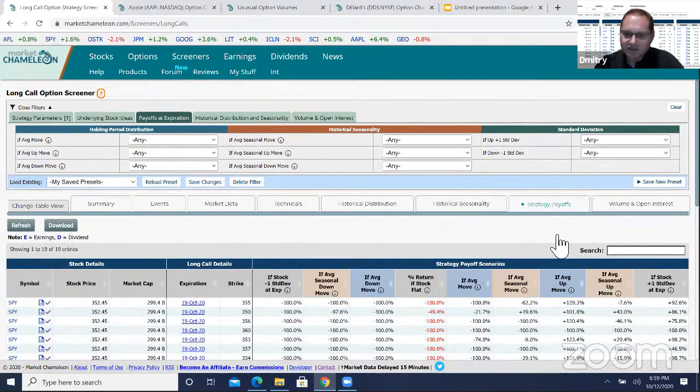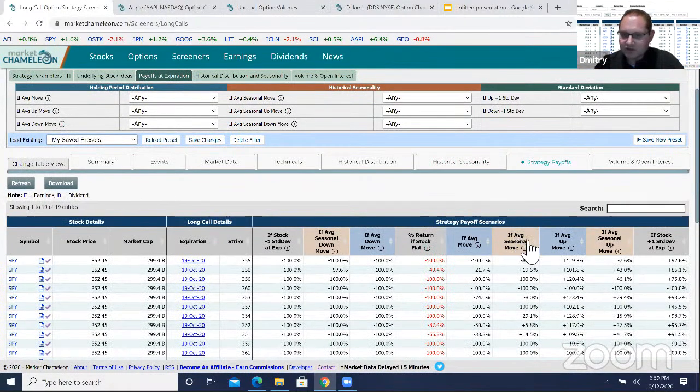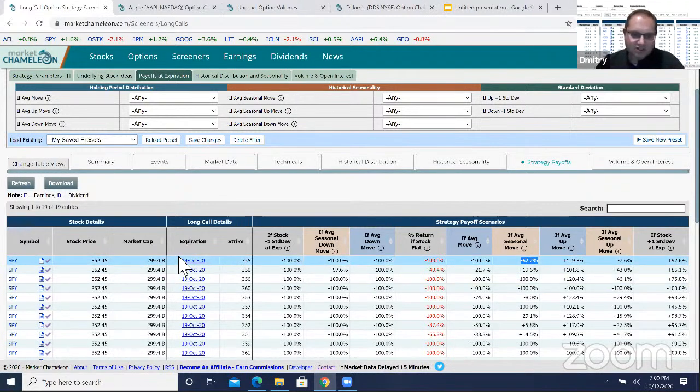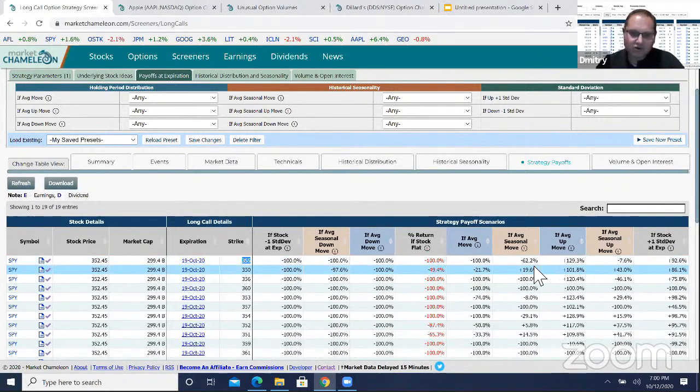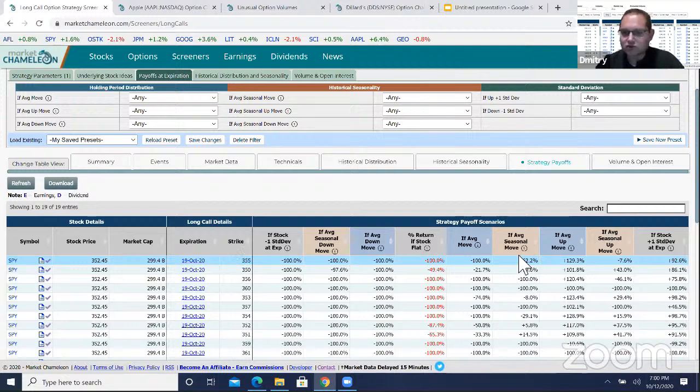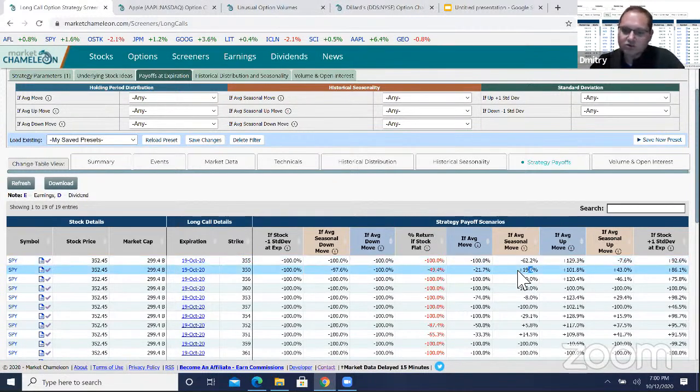And here it is. If the stock does its average seasonal move, 0.9%, this option, the October 19th 355 call, is going to lose 62% of its value. So that one's no good. This one will return 19.6%.